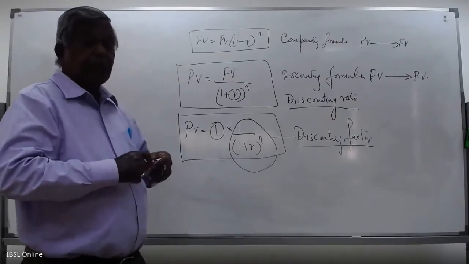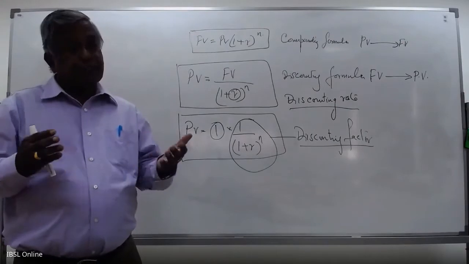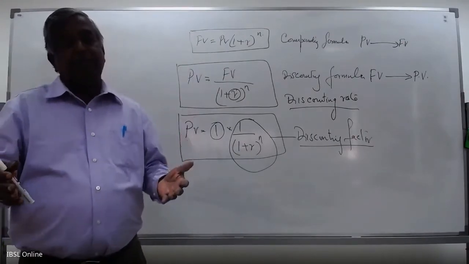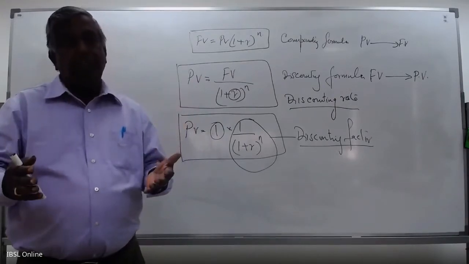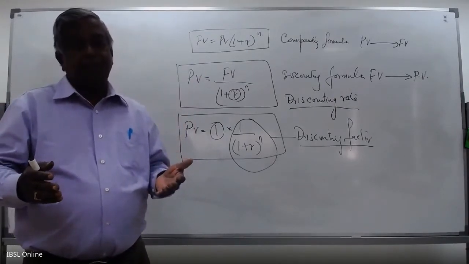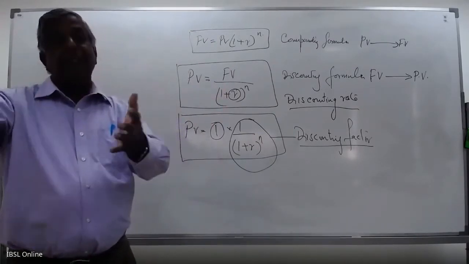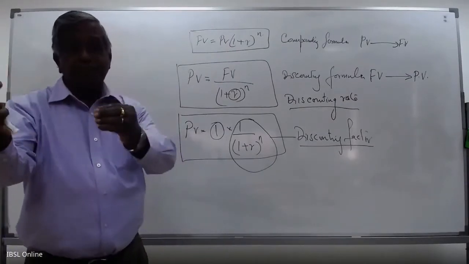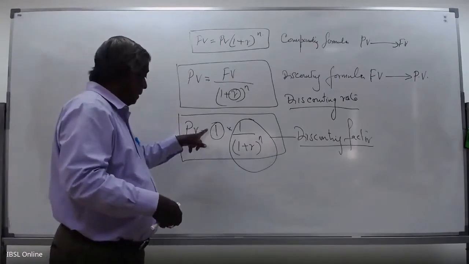As I told you earlier, for the compounding factor, for the discounting factor also, you have a discounting table. For different rates and different periods, you can see the discounting rate.